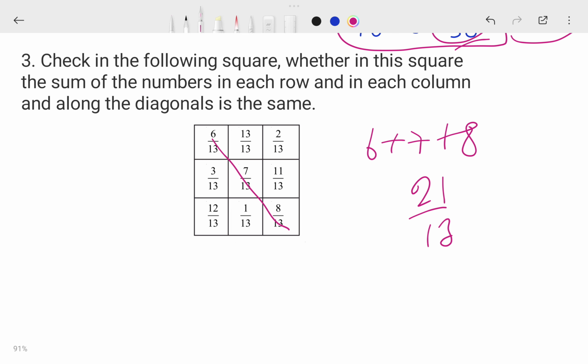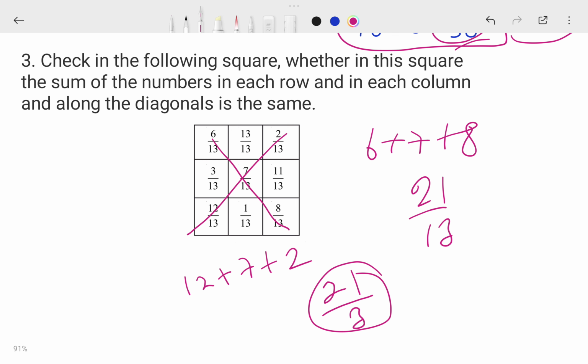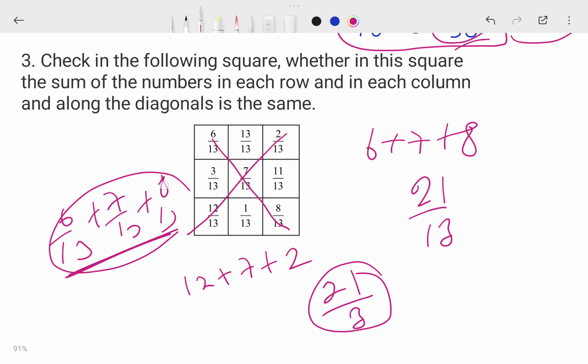Now let's see this diagonal. If you count, this is 12 plus 7 plus 2. If you count, this is going to be 21 only. This is also 21 by 13. This diagonal is also correct. Actually here 6 by 13, 7 by 13 and 8 by 13. If both denominators are the same, then we directly add.